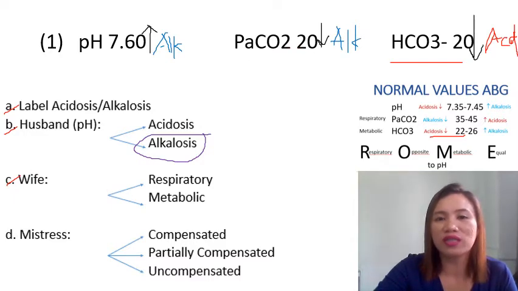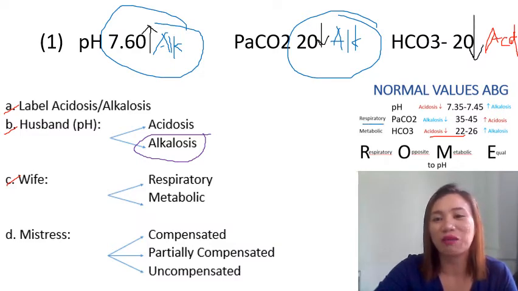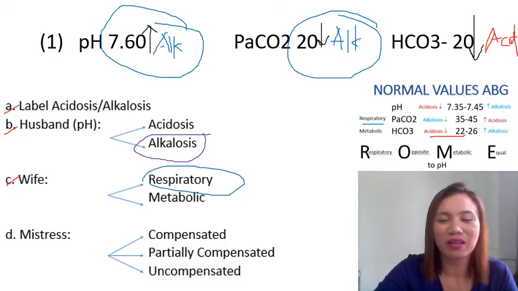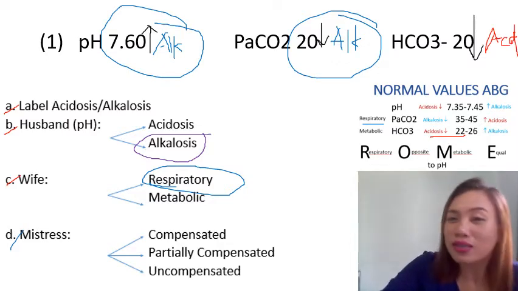The one that is the same as your pH. It's your carbon dioxide, which represents the respiratory. How about the mistress? Let's look at the bicarbonate. The bicarbonate is the mistress.